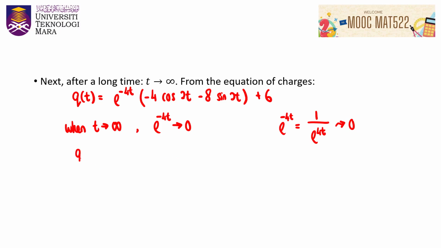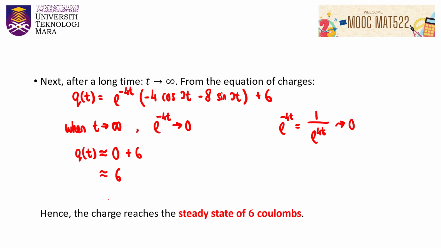In other words, the equation of the charges Q(t) will approximate to 0 plus 6, which gives us a constant number 6 in the end. In other words, the charge on the capacitor reaches a steady state of 6 coulombs after a long time.